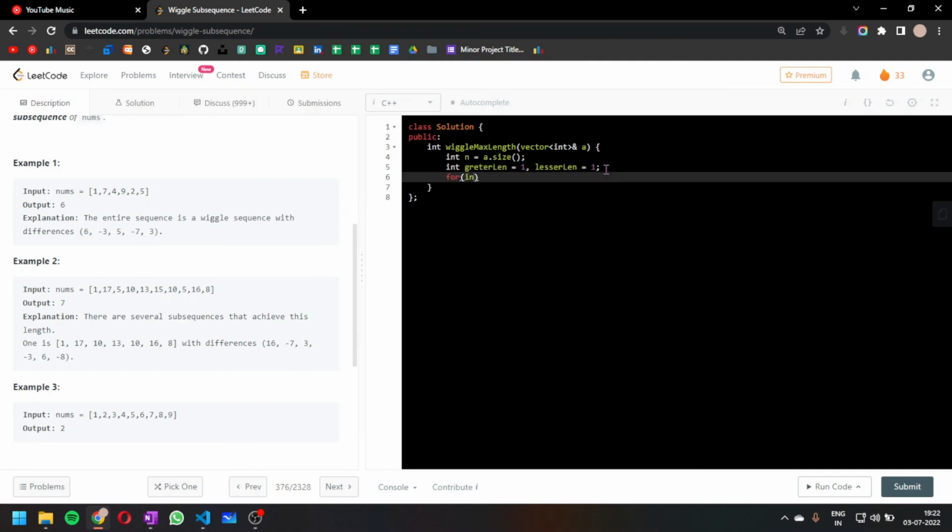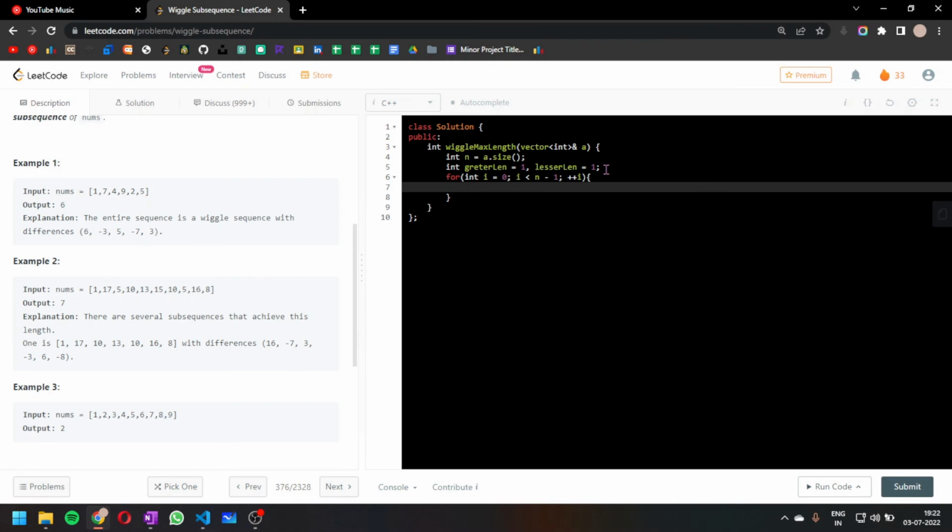Now we can run a for loop from int i equals 0, i should be less than n minus 1, and plus plus i. So we look at whether a of i is equal to a of i plus 1, then continue, because if this is the case, then the difference is going to be 0, and we don't want that to be part of our answer.